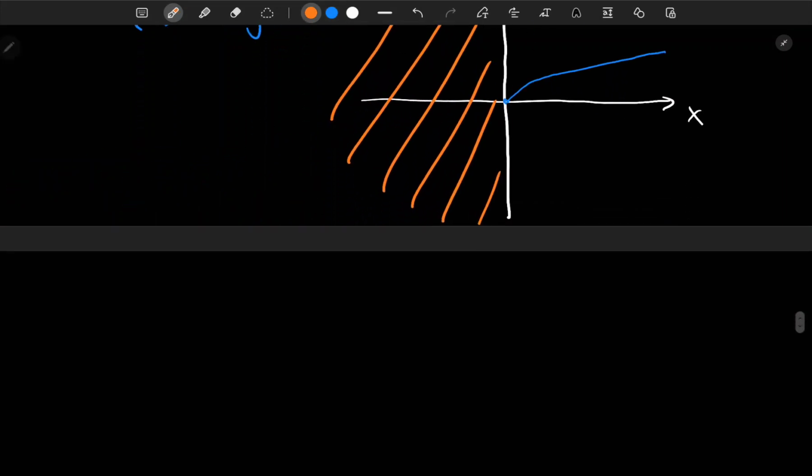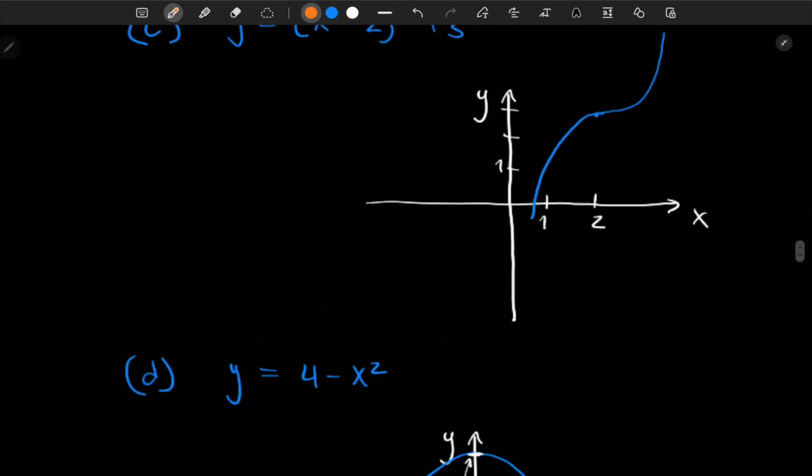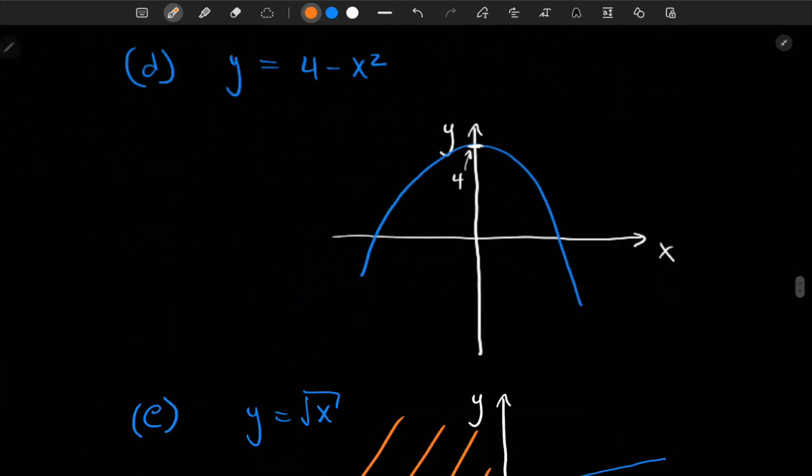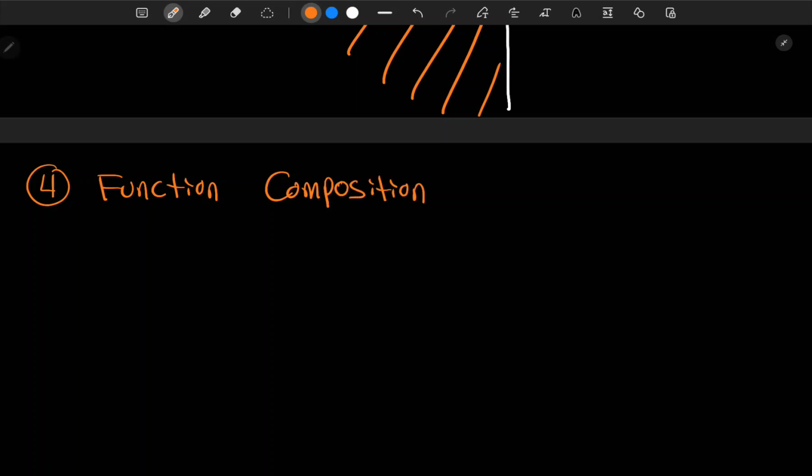And the last topic I want to look at in this video is function composition. So function composition will show up repeatedly in calculus as well.